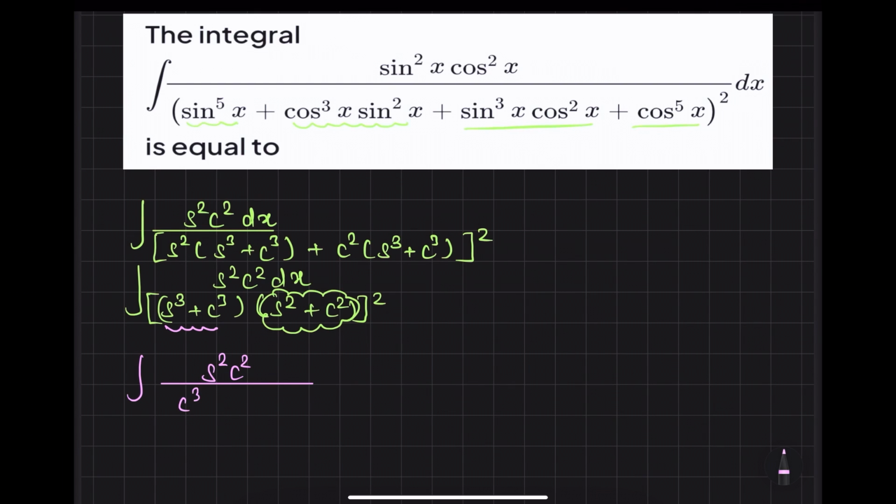If you take cos cube common, you will have tan cube plus 1 with the whole bracket power 2 dx. Now take that thing common, meaning outside. So we will have sine square cos square, and this power 2 will be distributed, so it is cos power 6 and then tan power 3 plus 1 power 2 dx.